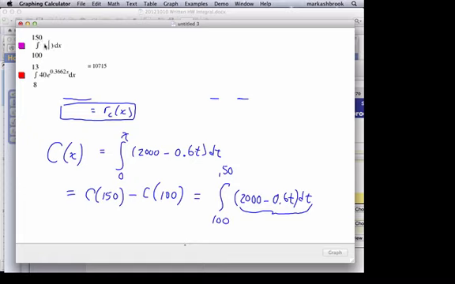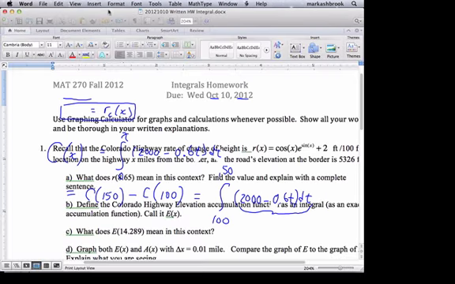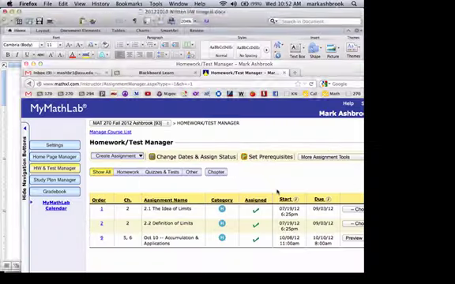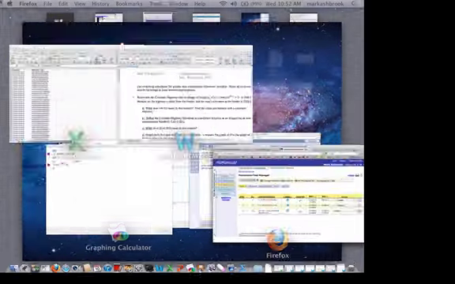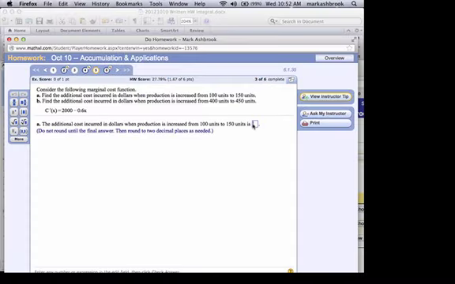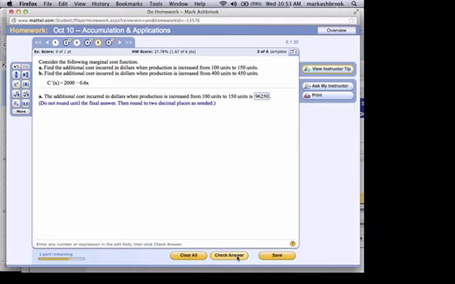What's my rate function? 2000 minus 0.6x is fine. So the additional cost is 96,250. Got it.